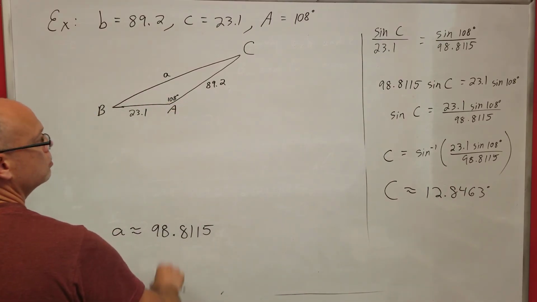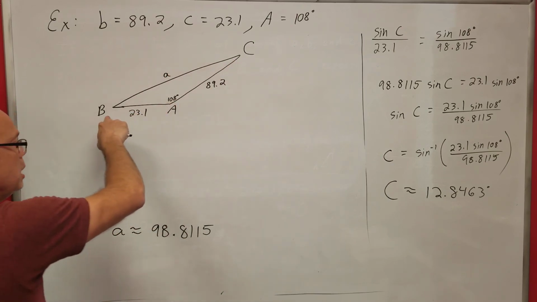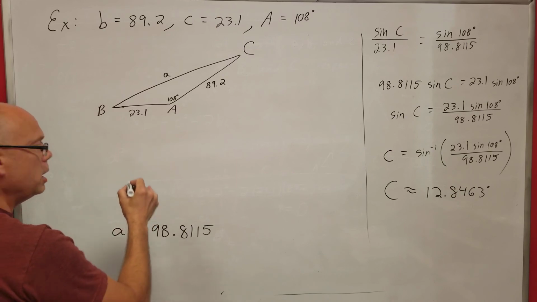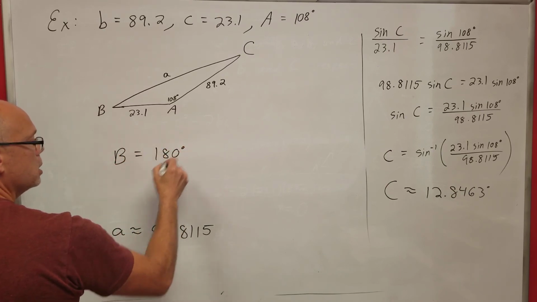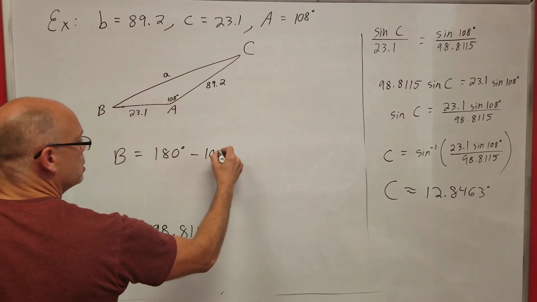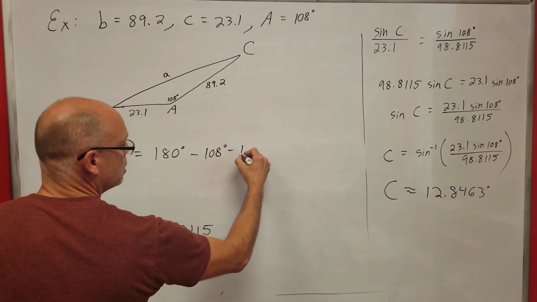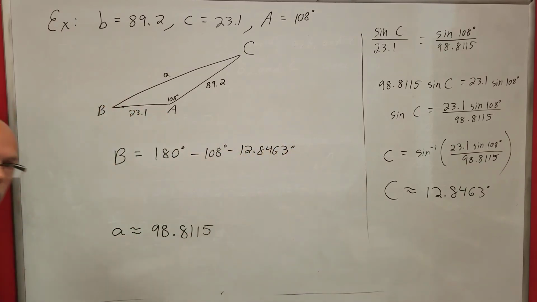I found side A, found angle C. I still have to find angle B. So for angle B, all we do is we say, okay, that'll be 180 total degrees in a triangle, minus 108 degrees, minus 12.8463 degrees at the other angle.